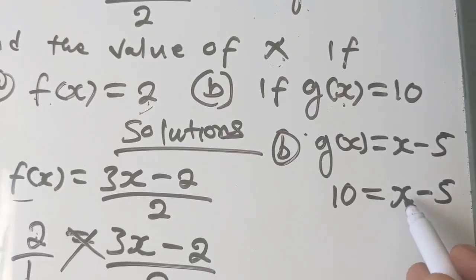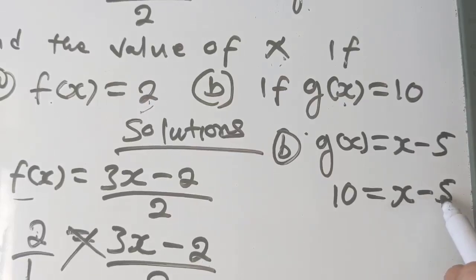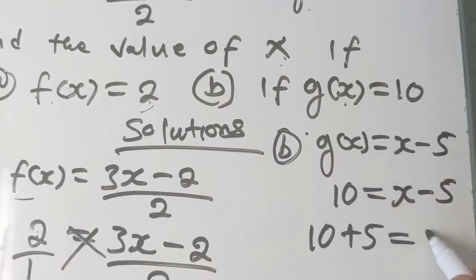You already know that you need to make x the subject of the formula. These two are the like terms. So this negative 5 is going to cross to the other side, and when it crosses, it becomes positive 5. So 10 plus 5 is equal to x.